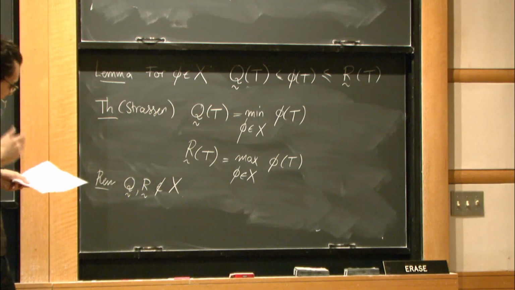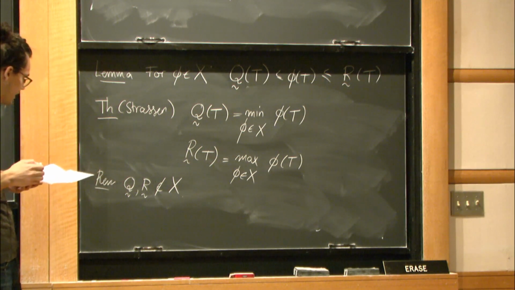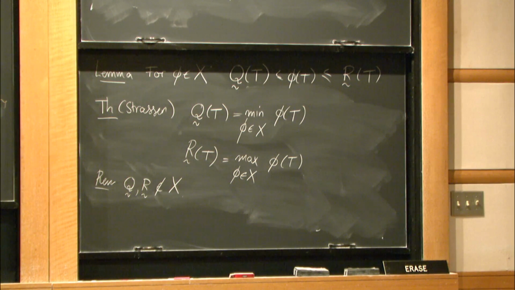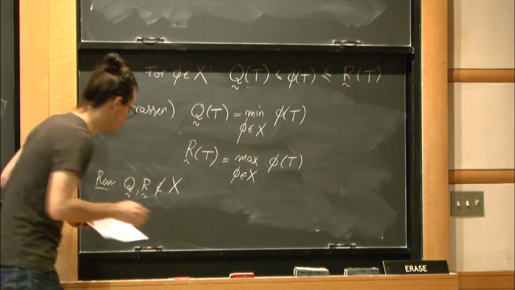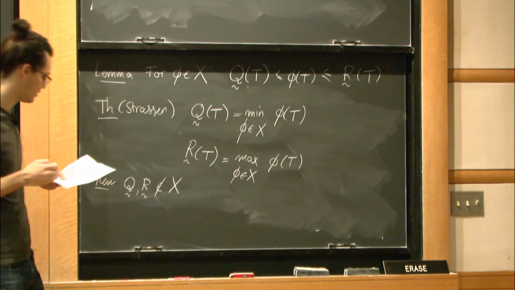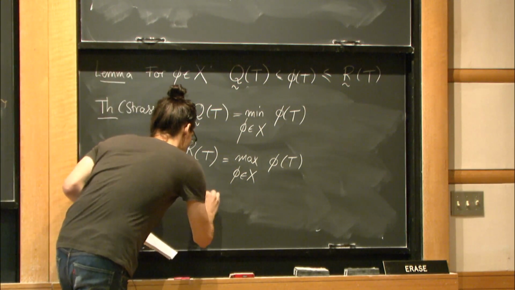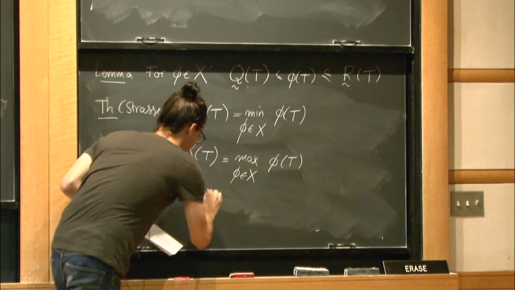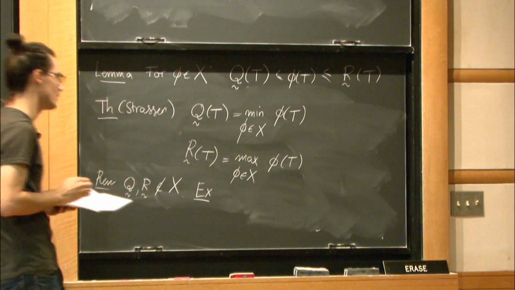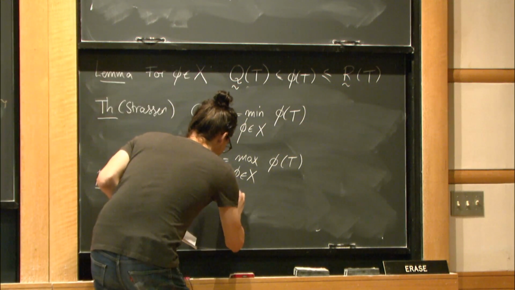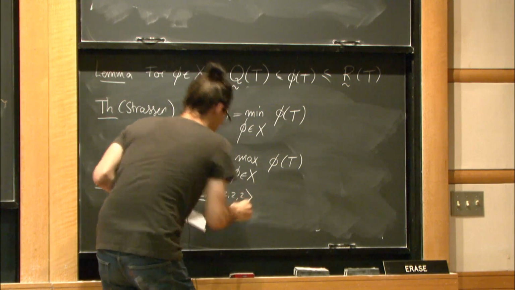So the simplest example I have is related to matrix multiplication. We consider the 2 by 2 by 2 matrix multiplication tensor.